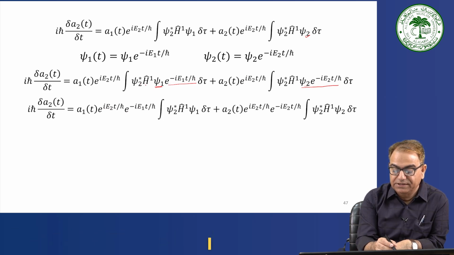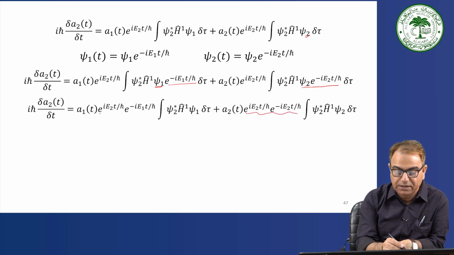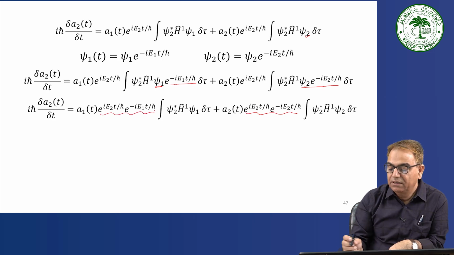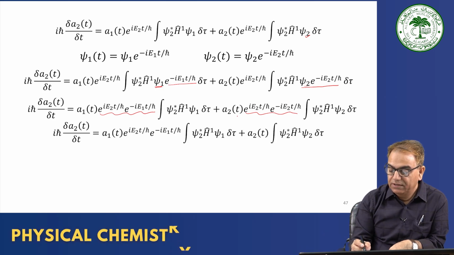You will see psi 2 star psi 1 d tau will be there, and then again A2t, this exponential is there, and again bring this minus sign. So look at these exponential parts and these exponential parts, and it will become like this one.